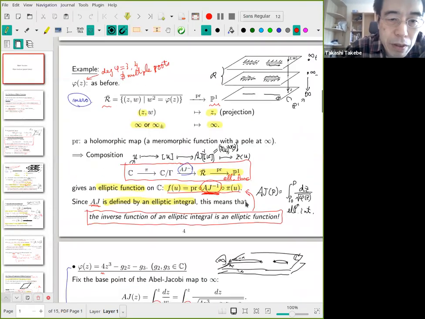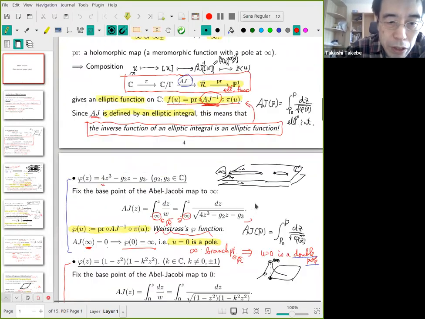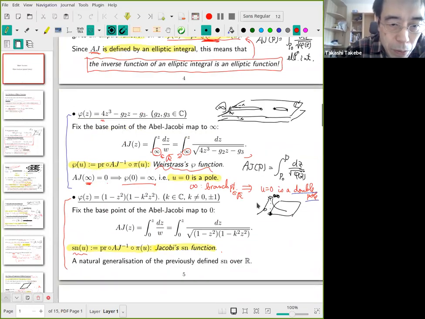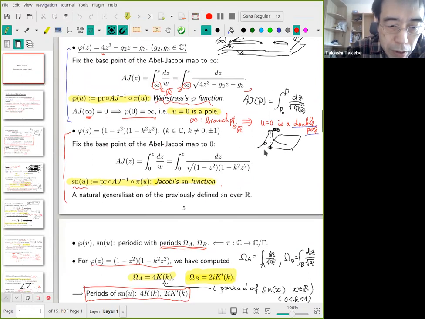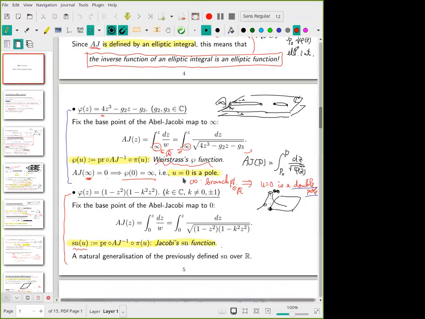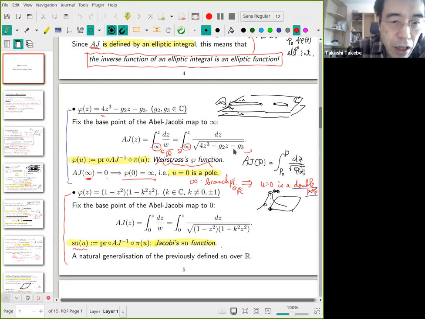And we constructed two examples: the P function, and Jacobi's sn.